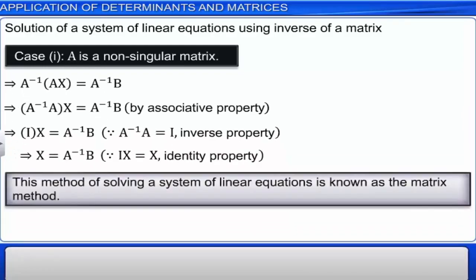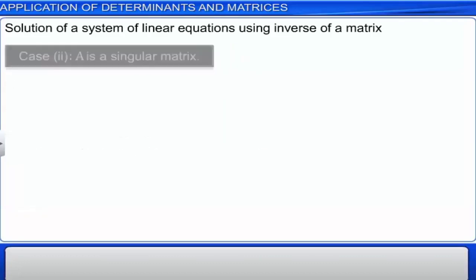The second case is when the coefficient matrix A is a singular matrix. In this case, the determinant of A is 0.